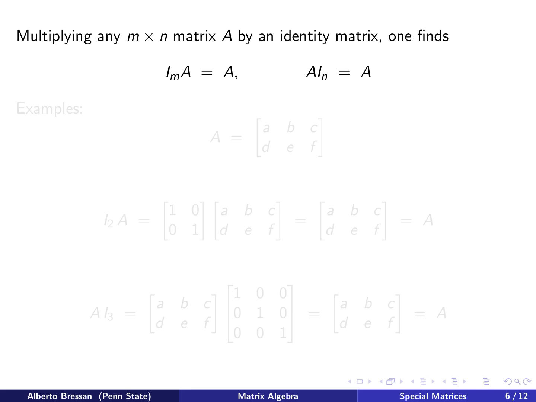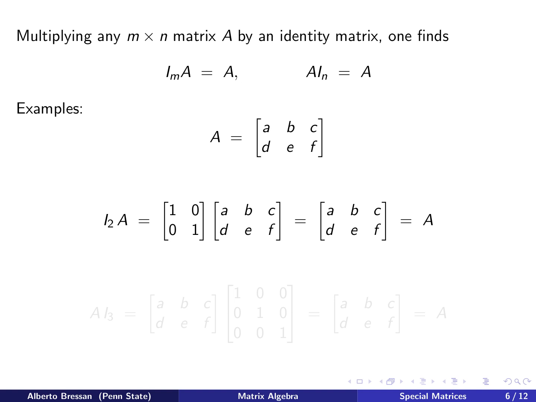Similarly, on the right, if we multiply with the identity matrix of size n by n, we want to recover the A matrix as well. And one can easily carry out a proof, checking the definition of the product, and you see that these two properties hold.